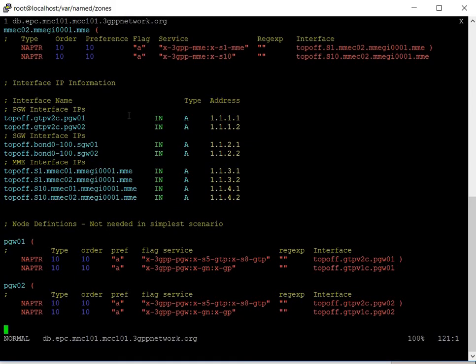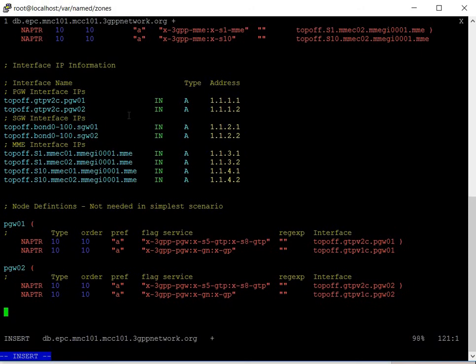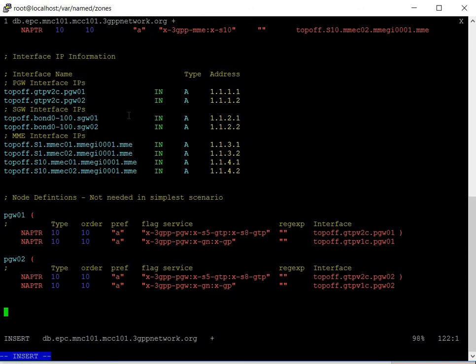So if I just quickly draw out a full name record for this P gateway, you've got topoff.gtp-v2c.pgw02.mcc101.3gppnetwork.org.